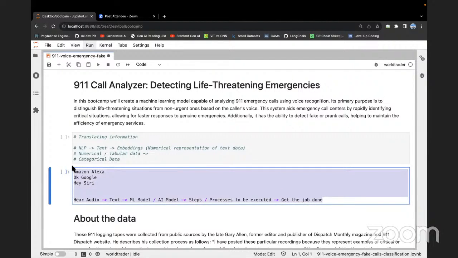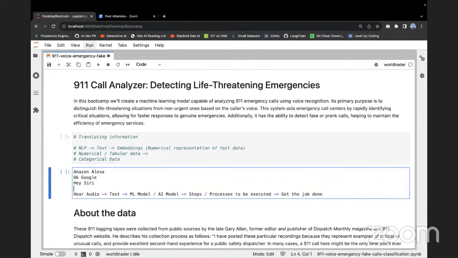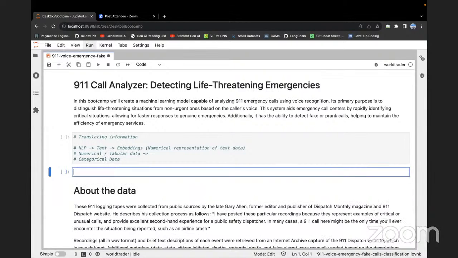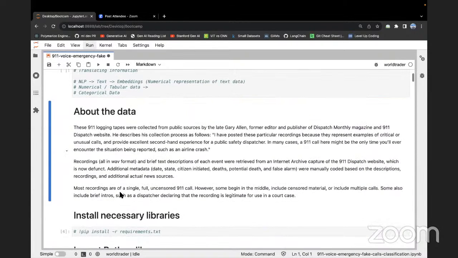I hope this is clear, all of you. Why audio is an interesting problem to have. Also, very few people have worked on problems like these, so today we are going to solve that problem.